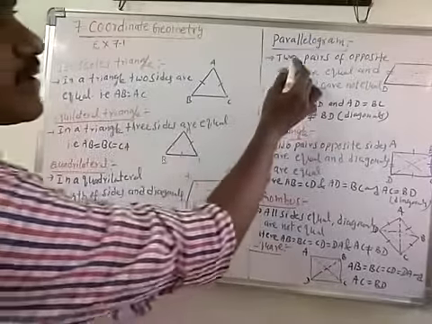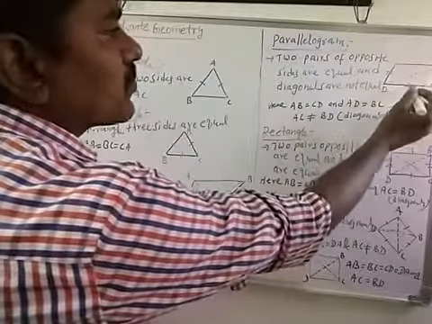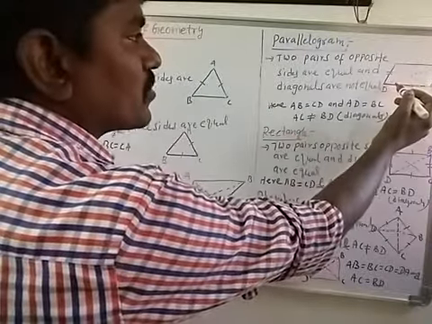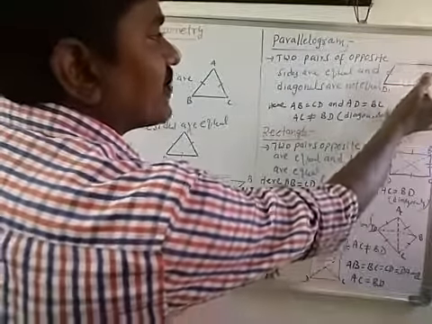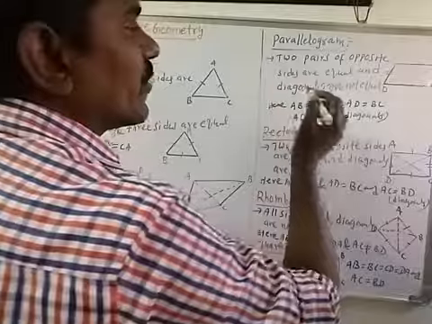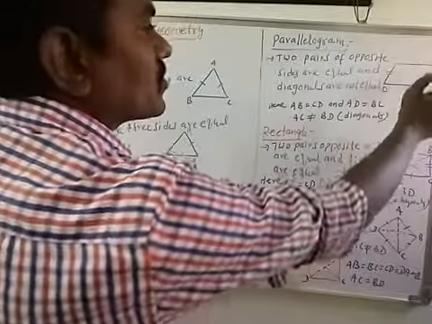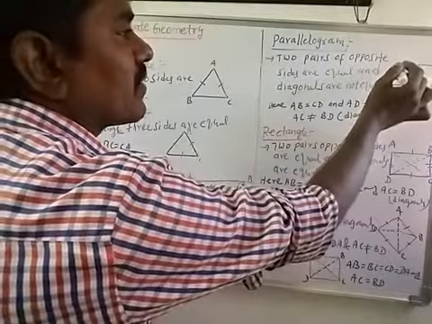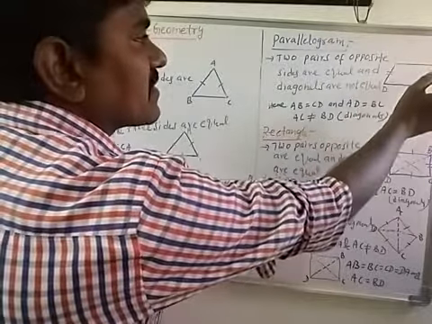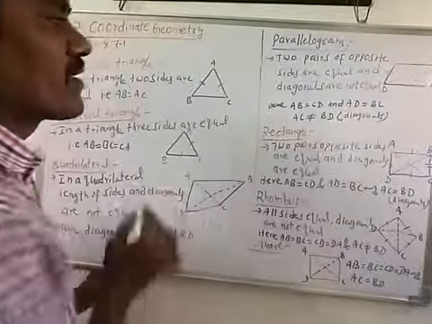And in a parallelogram, opposite pairs are equal, that is AB is equal to CD, one pair, AD is equal to BC, the other pair, and also diagonals are not equal, that is AC is not equal to BD.